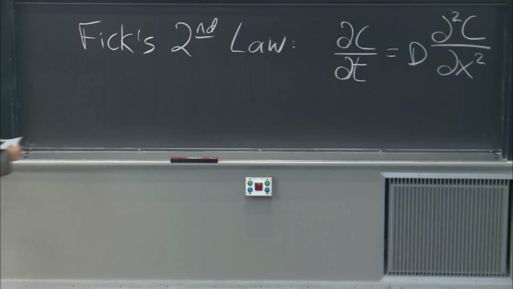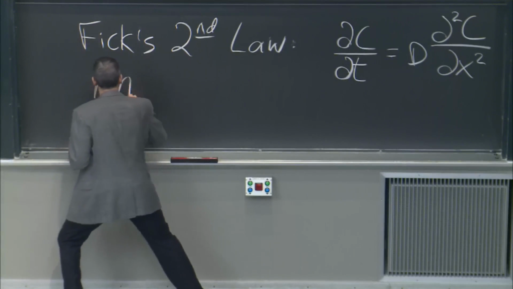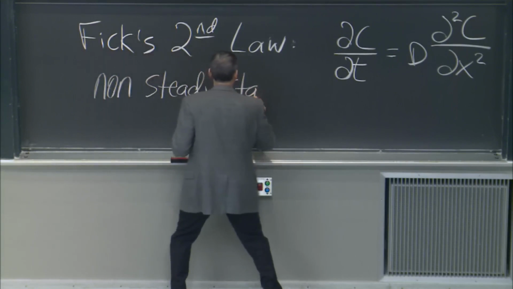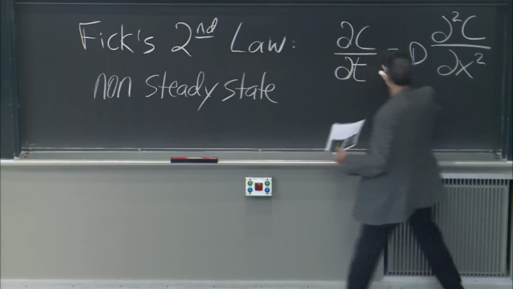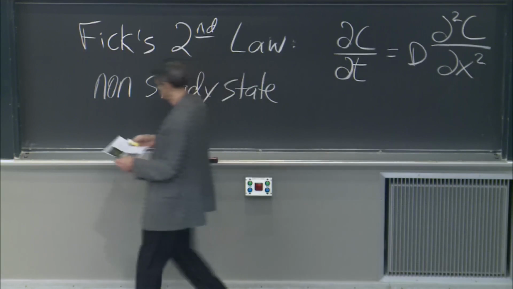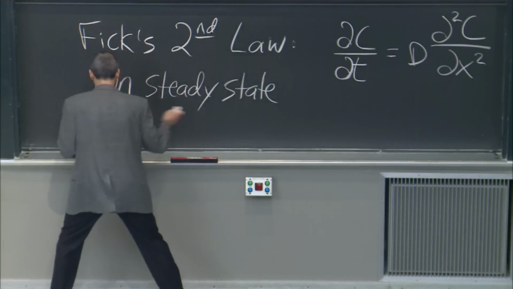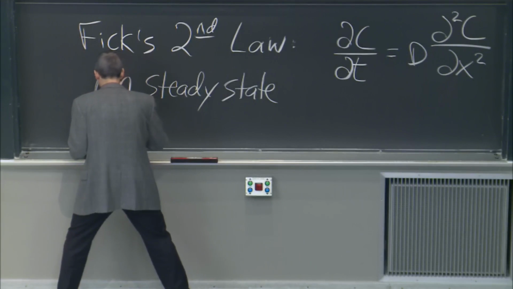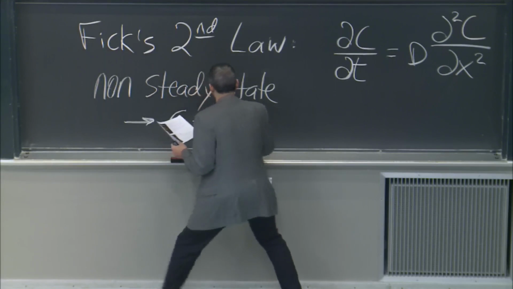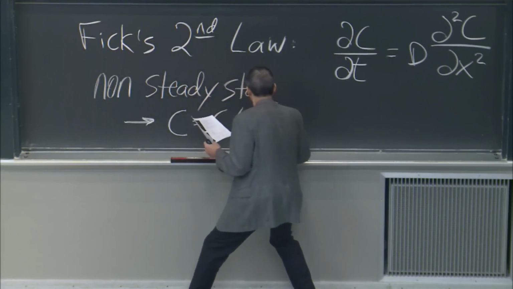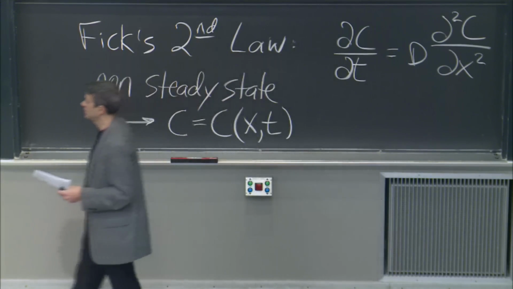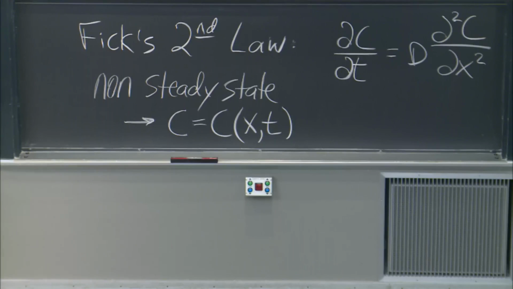And so this is non-steady state, which means, and we're not going to derive this, but I do want you to know that this is the Fick's second law equation and how you might apply it, which is why we'll do a problem with it. But it's non-steady state, and that means that the concentration you're going to get is going to be a function of position and time. It's going to be a function of both.